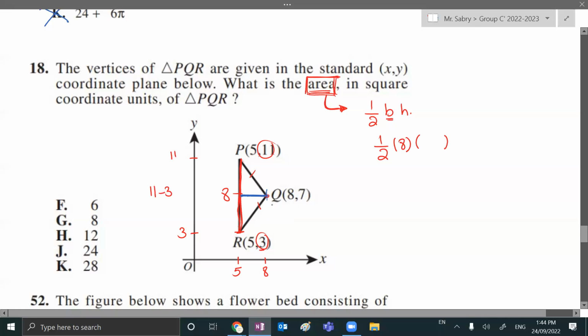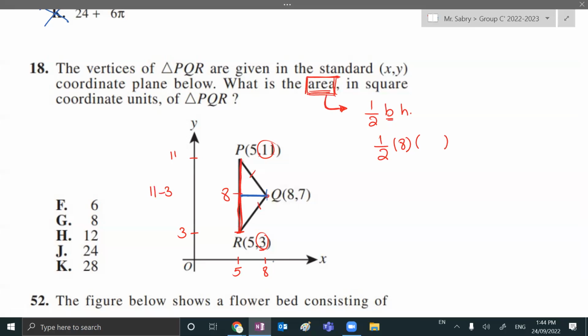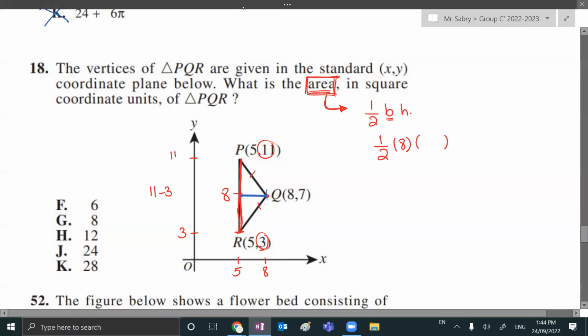Where did it start and where did it end? Should I look at the X or at the Y? What do you think? So if I'm looking at the blue length, it's from 5 up until 8.